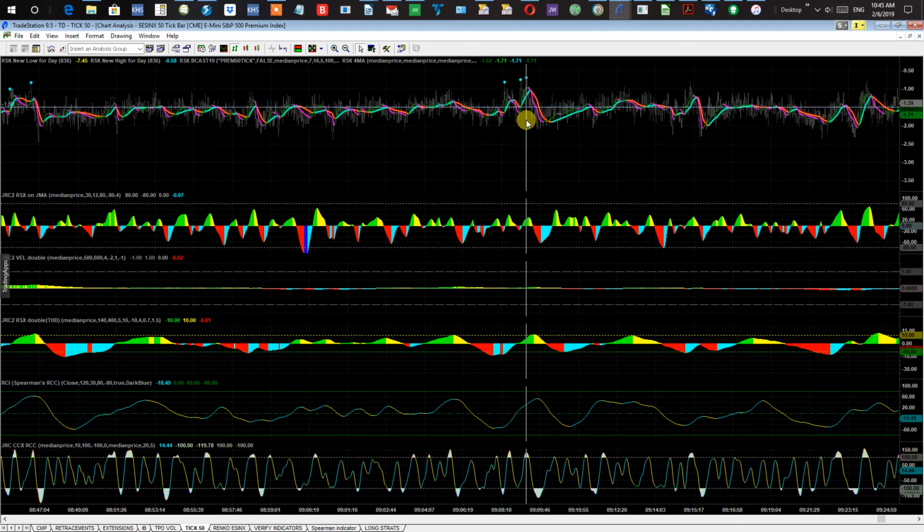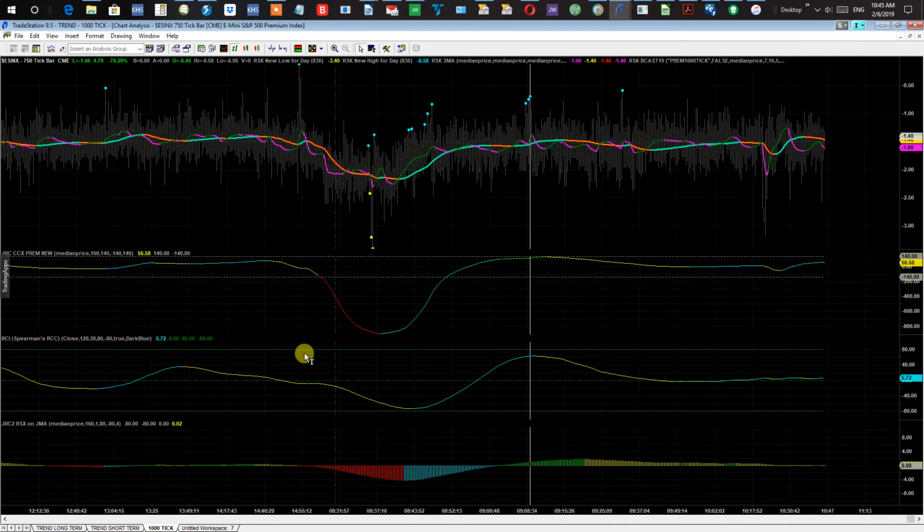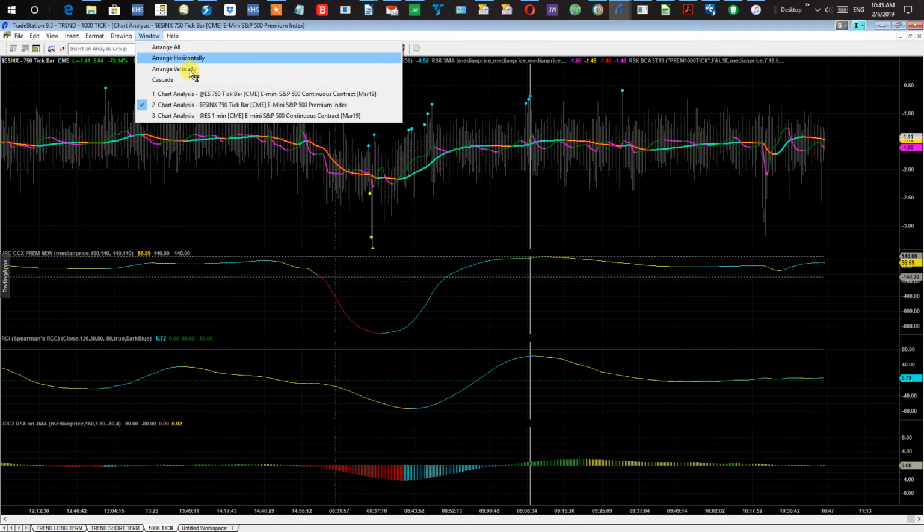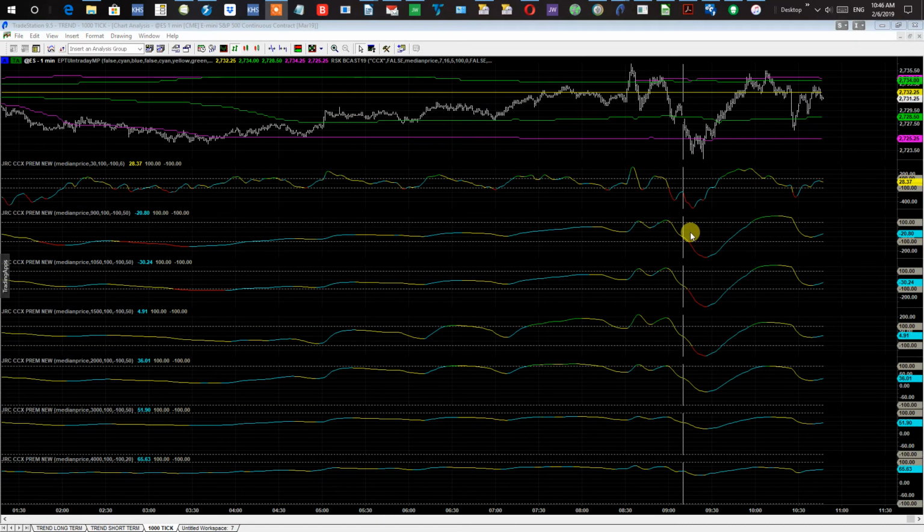So what did we do? We went back to the CCX indicator. Let's pull that up again. And as the market drops, we're already way below the 100 value line, or the trigger line, let's call it, of 100 on this particular CCX.